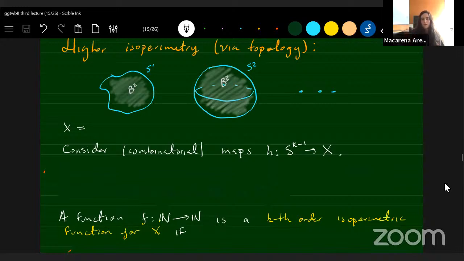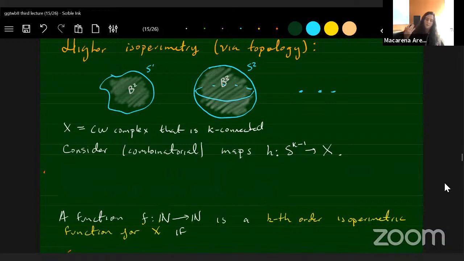So say X is a CW complex that is K connected. We're going to consider combinatorial maps from the K minus 1 dimensional sphere to X. And we're going to define two notions of volume for these maps.